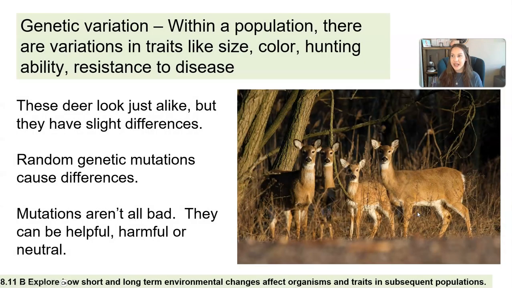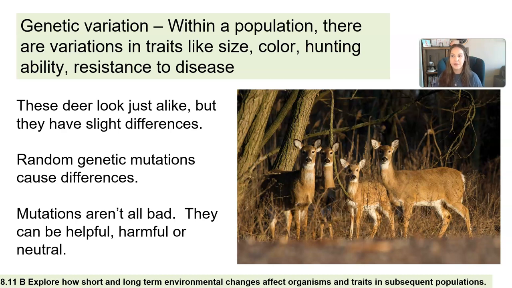Now let's talk about genetic variation. Okay, so variation, this is an important word. Variation means that there's a variety of different things, okay? So in this situation, there's a variety of different genetic information, genetic material. So within a population, there will be a variety of organisms of the same species.